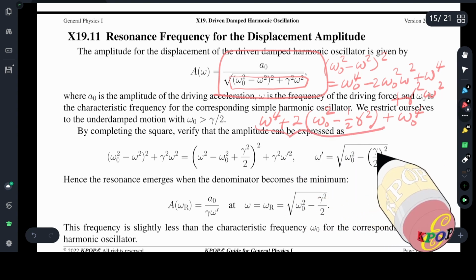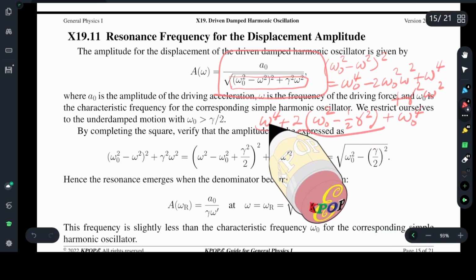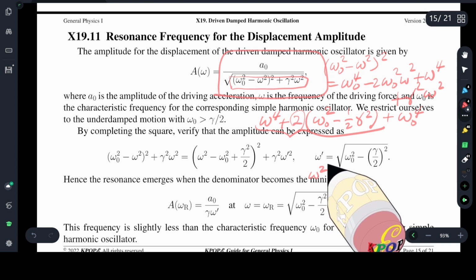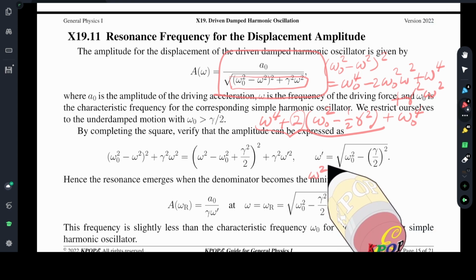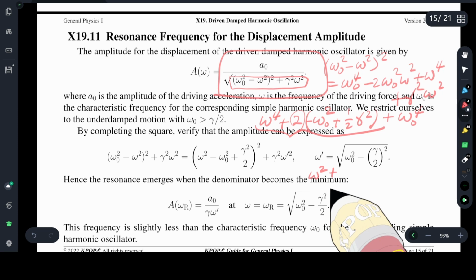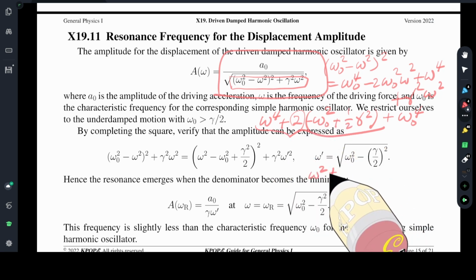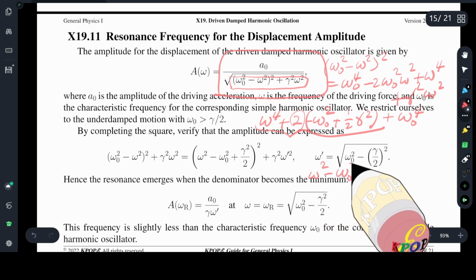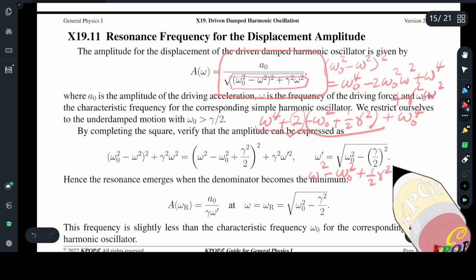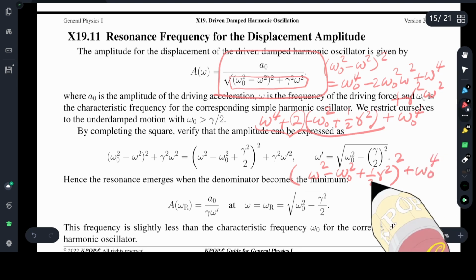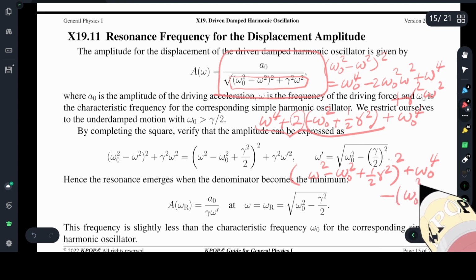We can complete the square. Completing the square, we have omega squared minus omega 0 squared plus 1/2 gamma squared, all squared, plus omega 0 to the fourth power, and we need to subtract omega 0 squared minus 1/2 gamma squared, squared.